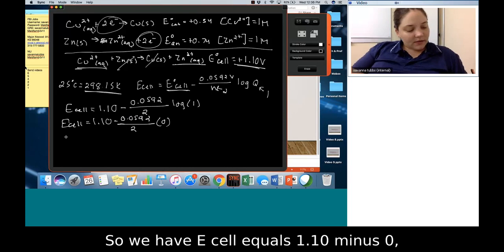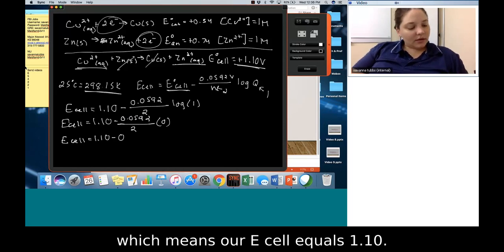So we have E cell equals 1.10 minus 0, which means our E cell equals 1.10.